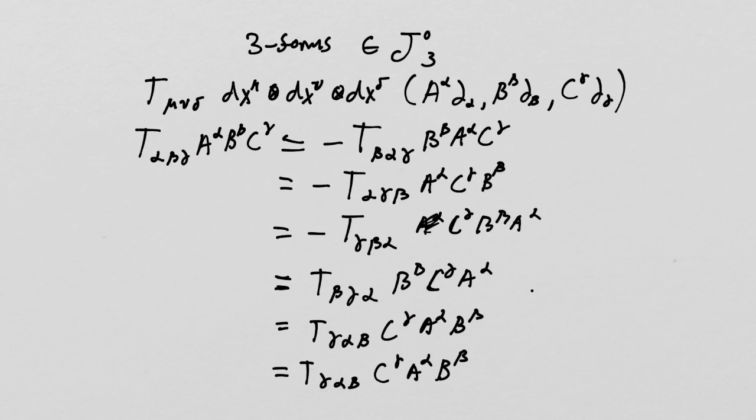And this is still antisymmetry, because to go from here to here, I flipped two, but then I flipped another two. So what I'm basically saying is that the permutation beta gamma alpha, starting with alpha beta gamma, actually requires two different interchanges. I have to interchange alpha with gamma and then beta with alpha.